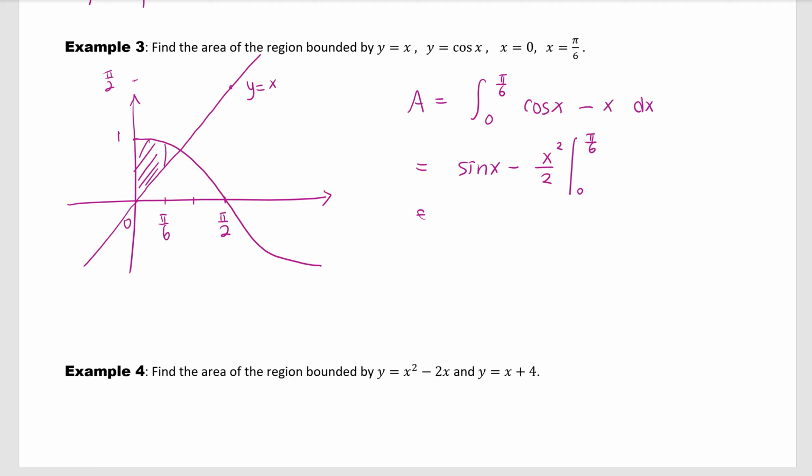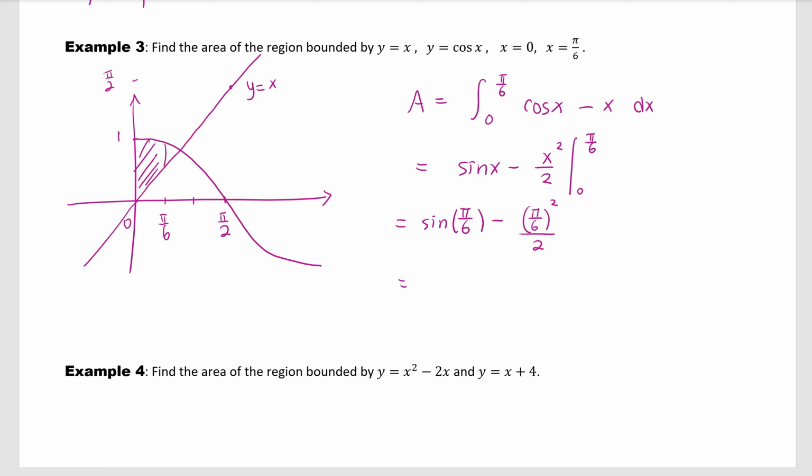Well, this means we plug in pi over 6 and subtract. So pi over 6 squared over 2, right? And let's see, we have sine pi over 6. Do you remember what the sine of pi over 6 is? I hope for the common angle values you can remember them.